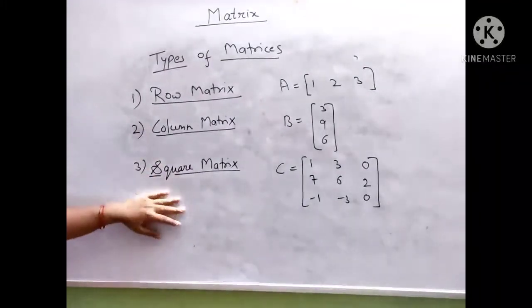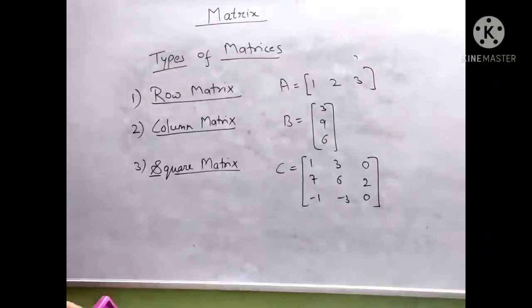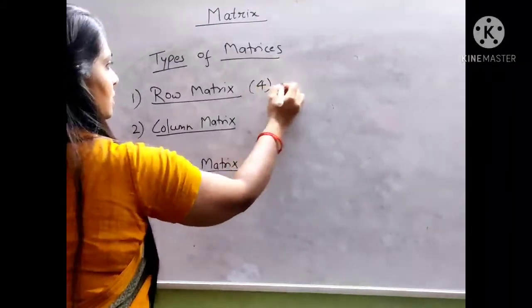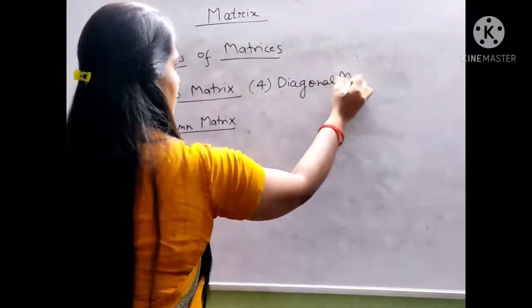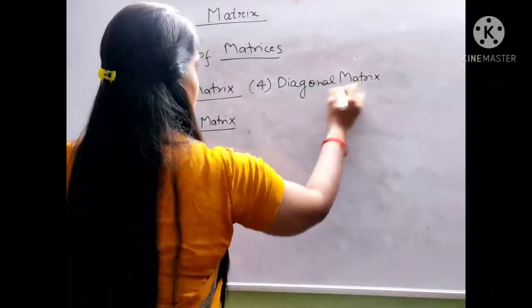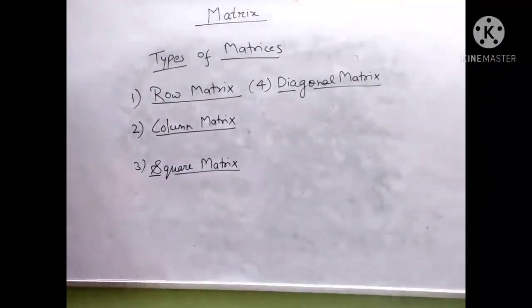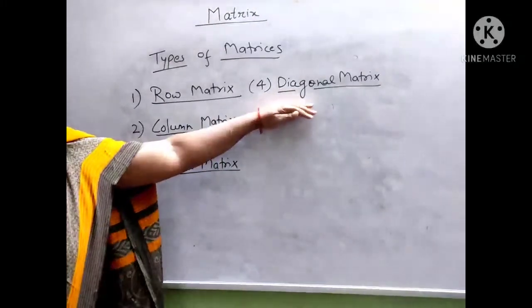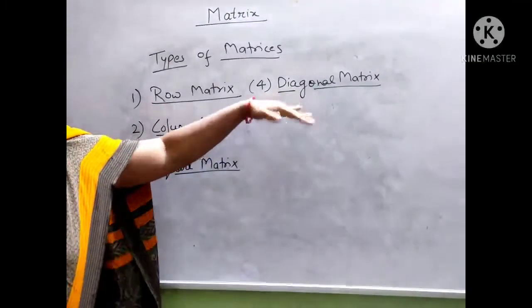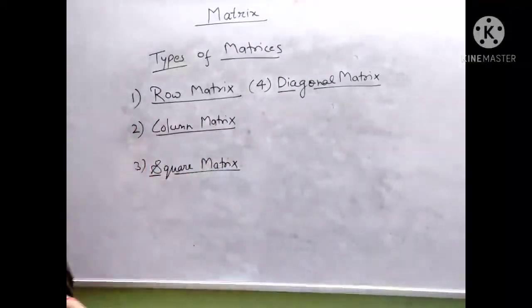Now we have to learn different types of square matrix. See what they are. Diagonal matrix. A square matrix is said to be a diagonal matrix if all its non-diagonal elements are 0.